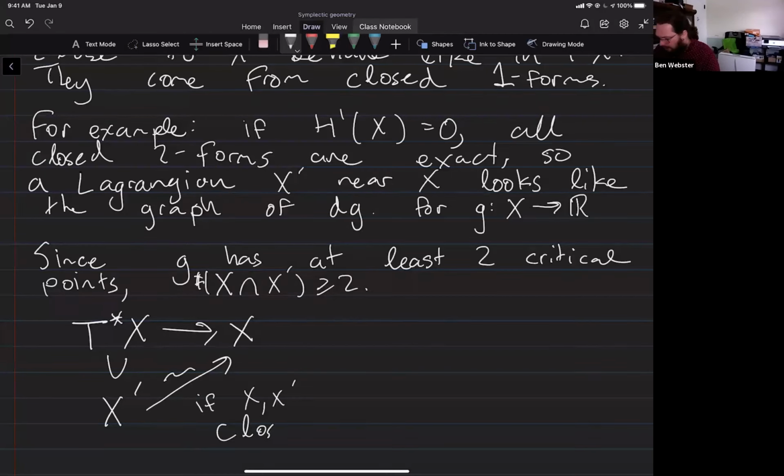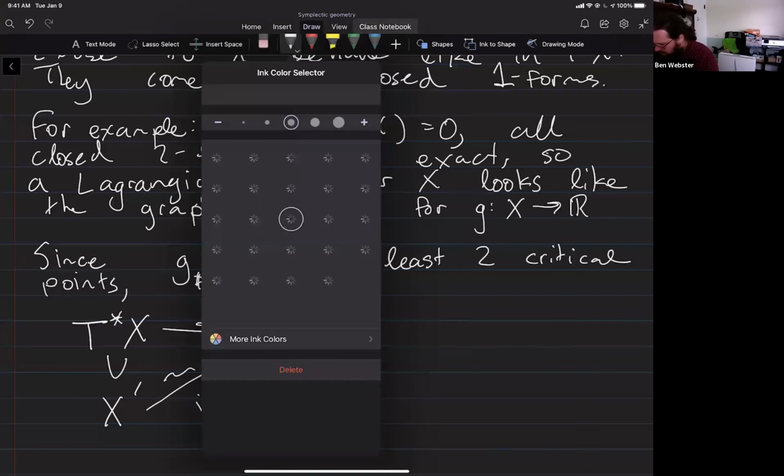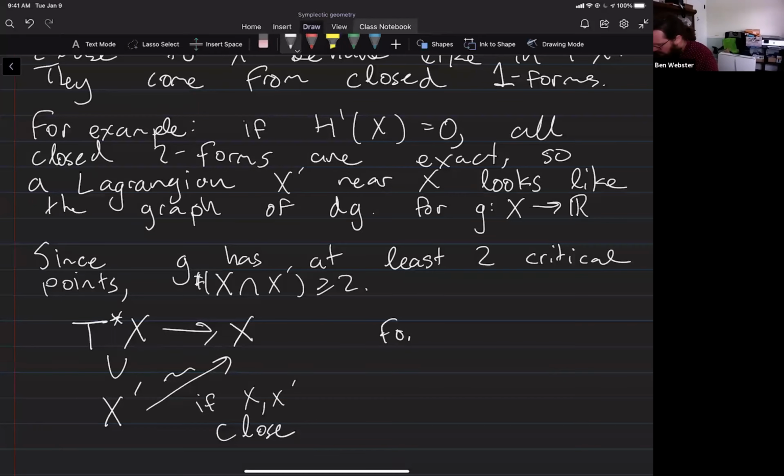All right, and that means that for each element of X, there exists a unique covector C of X, which is in X prime.